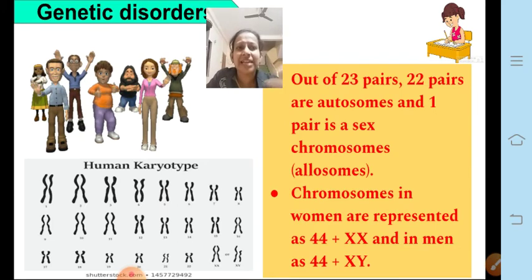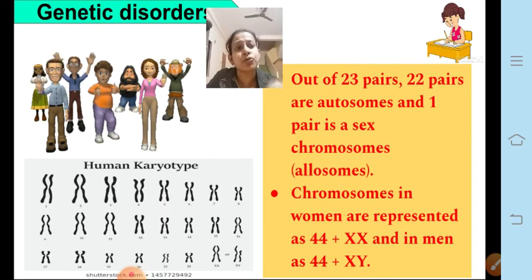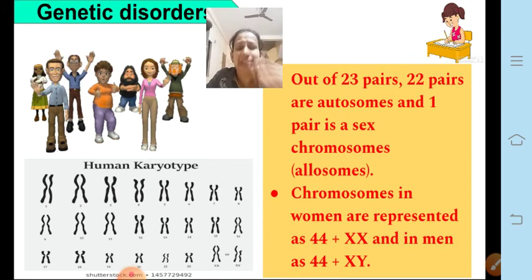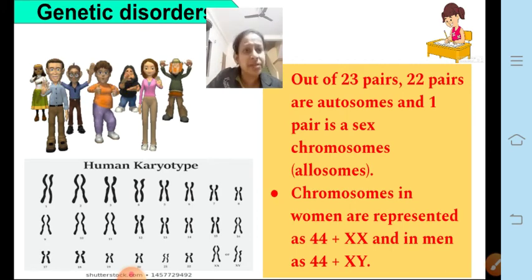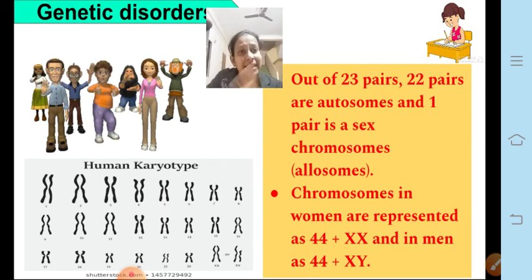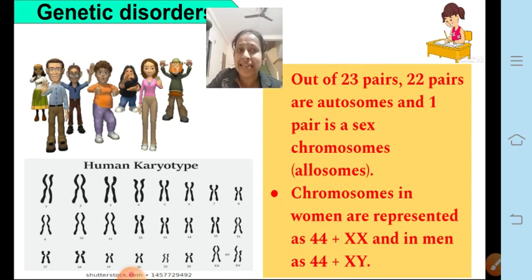Now suppose there is a problem in the number of chromosomes, or within the chromosomes, or in the genes; then the person may have a genetic disorder. Let's see some examples of genetic disorders. But before that, you have seen that Mendel showed in his experiments that there exist two different types of genes, dominant genes and recessive genes.